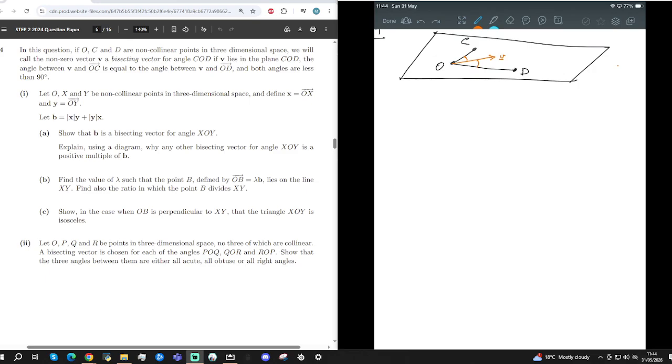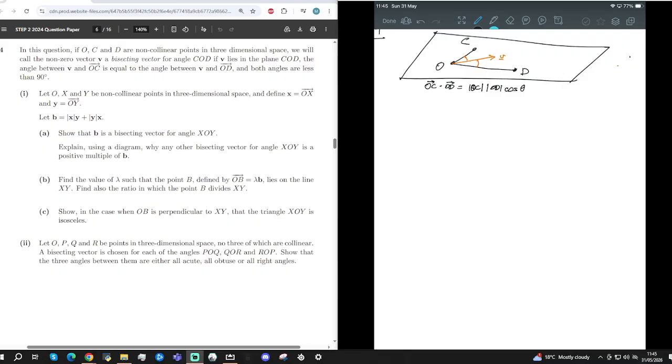Straight away, my mind is going towards the dot or scalar product, because OC dotted with OD is equal to mod OC mod OD cos of the angle between. So we're looking to cut this theta angle in half.